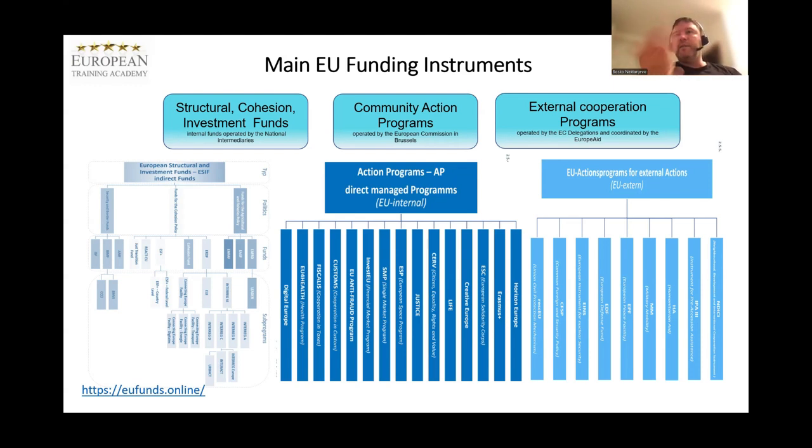Now, I won't spend time on the external action programs because they are not relevant. Well, they might be, because under Horizon, there is a widening scheme. Now, the widening work program is also covering external aid countries and third countries.